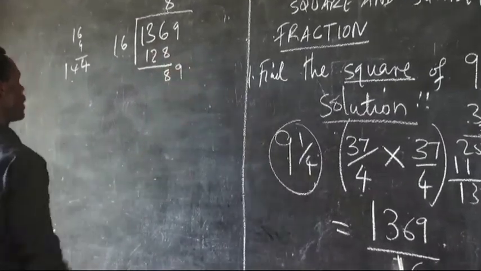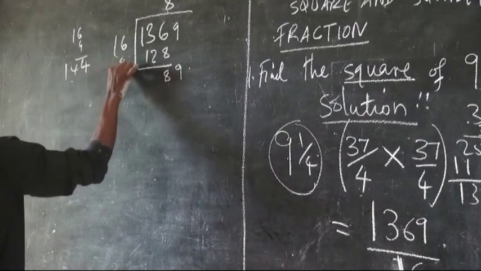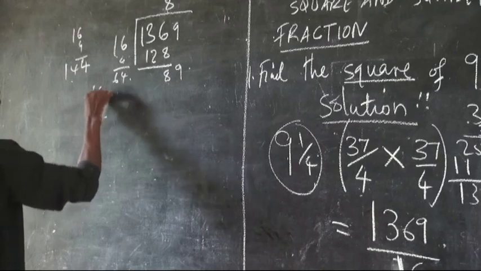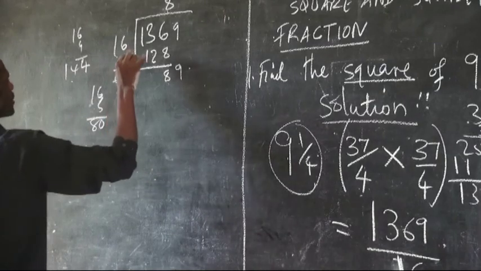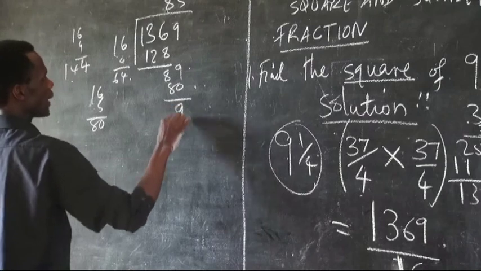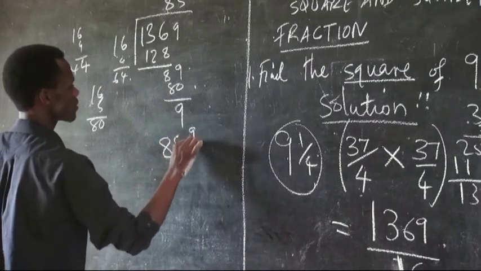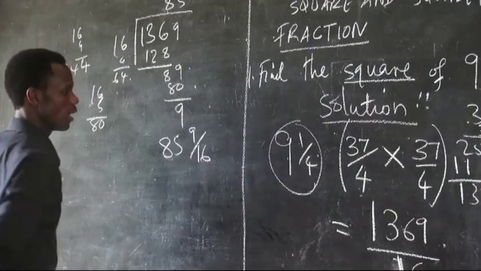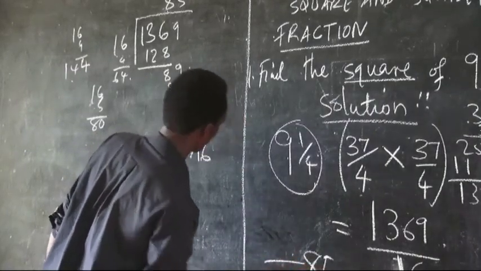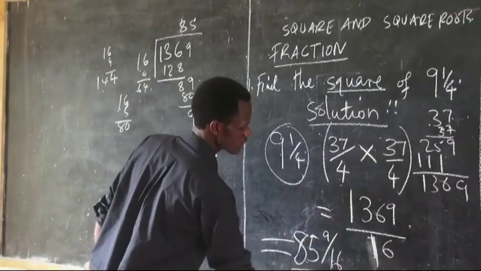Now which number should be there? 16 times 5 is 80. So the answer is 85 and 9 over 16. So this is the answer.